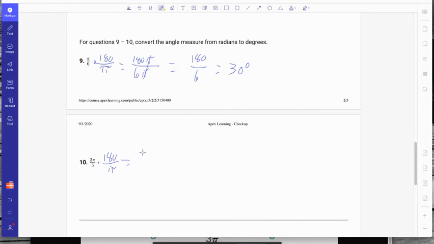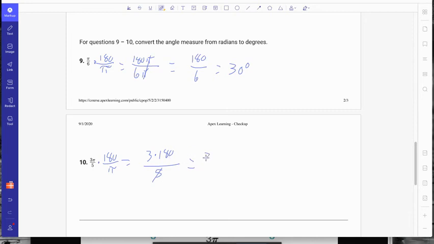All right, so we have 3 pi times 180 over pi. So we can cancel the pi's out. So we have 3 times 180 divided by 5. What I can do is divide the 180 by 5.